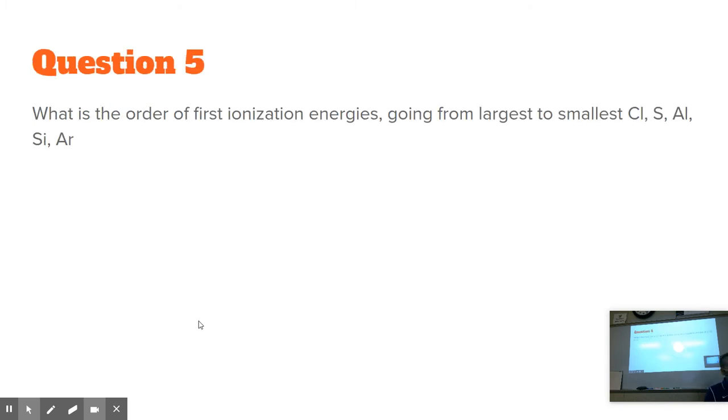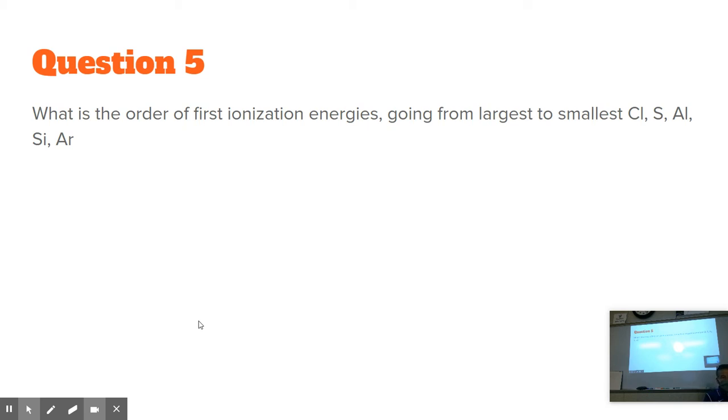Question 5. What is the order of first ionization energies? Again, going from largest to smallest. You have chlorine, sulfur, aluminum, silicon, argon. So again, this is a new trend, first ionization energies.